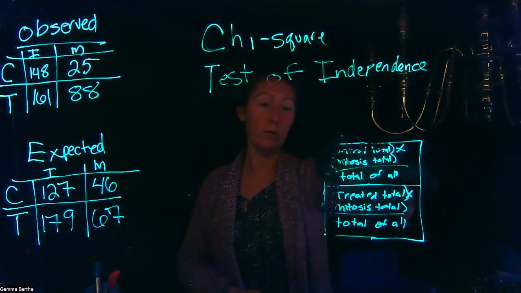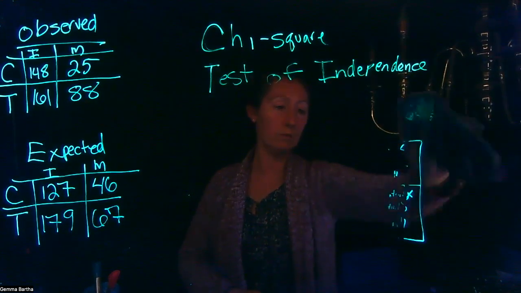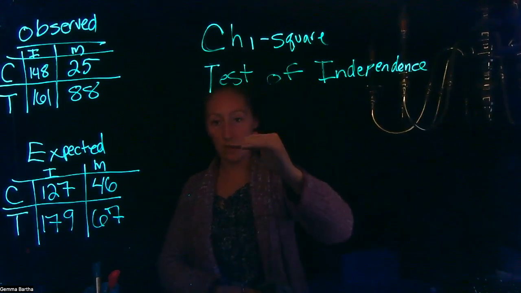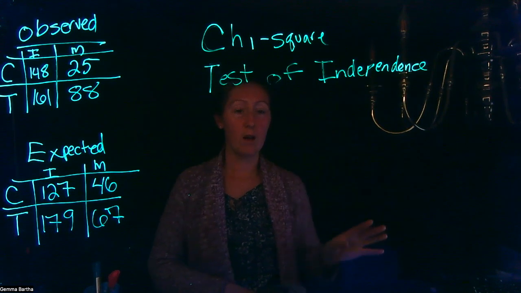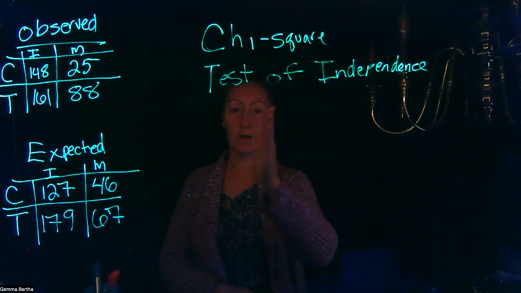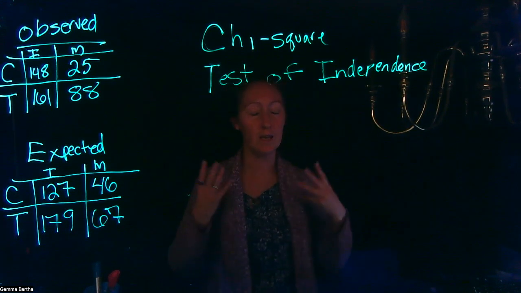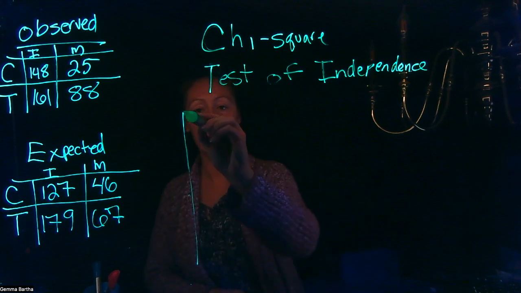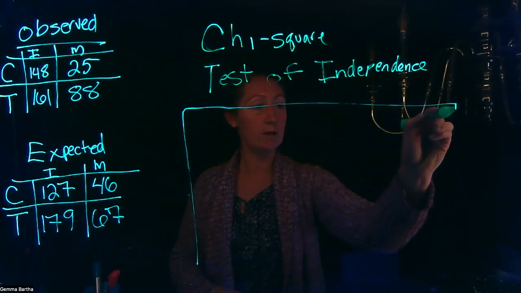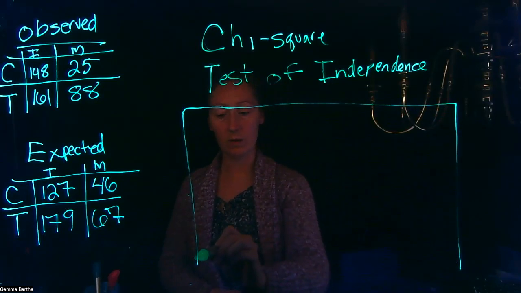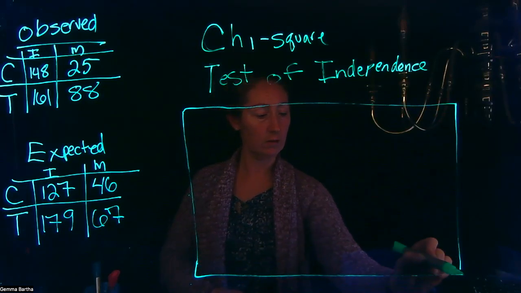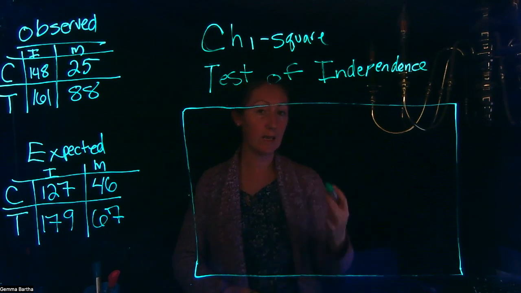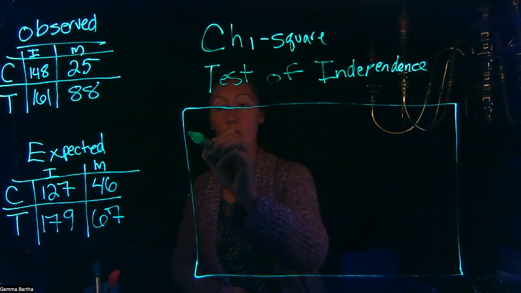Now, you can set up your chi-square table multiple ways. I like to do it where your chi-square kind of goes down. Some people have it where the chi-square goes across. Again, it doesn't really matter as long as you have the right number of lines. For your quiz, you will not need to write this down as far as the formula, but in your exam, you will need to create your own chi-square table.